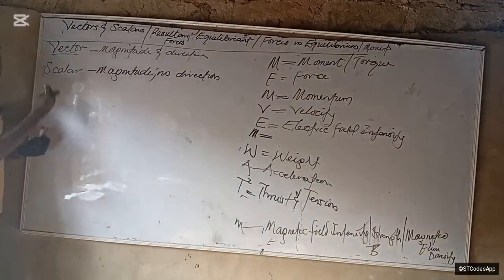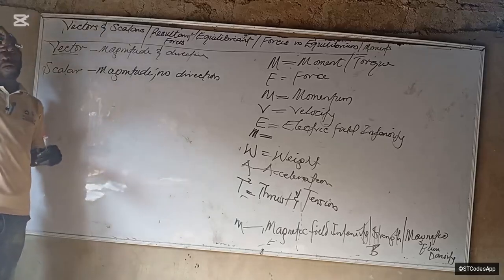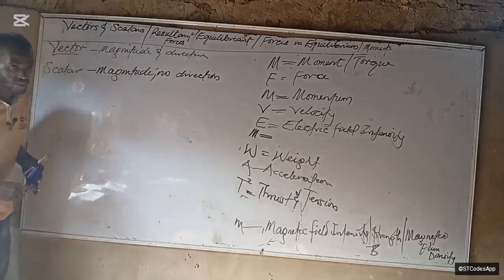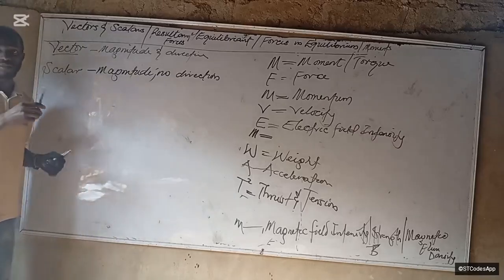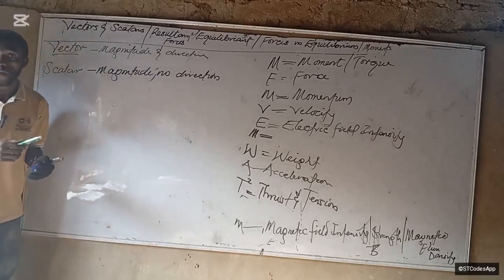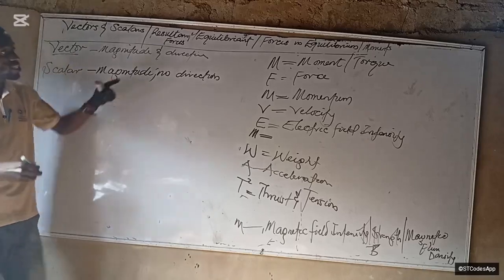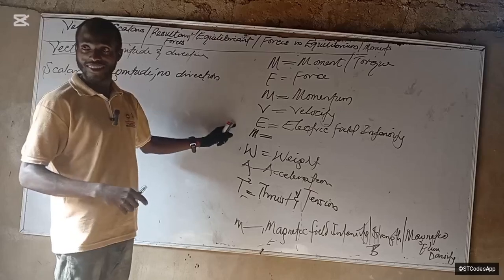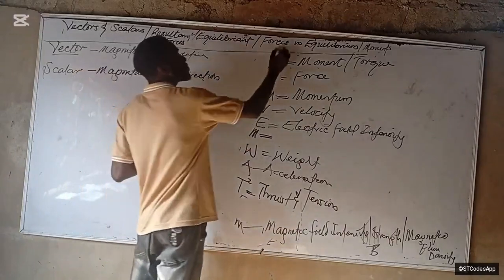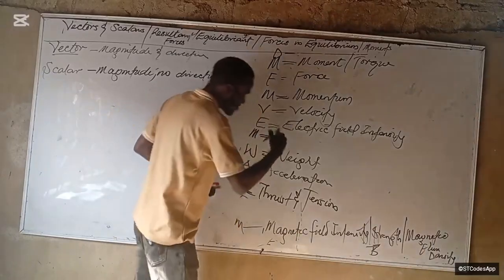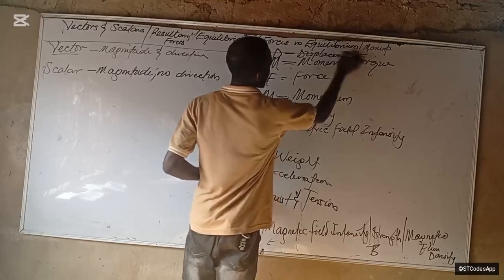So the other ones, including pressure, energy, work done, area, volume, density, impulse, power, mass, temperature, distance, are scalars. Displacement is a vector, so don't forget it.